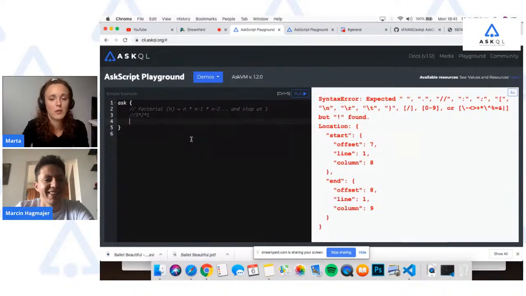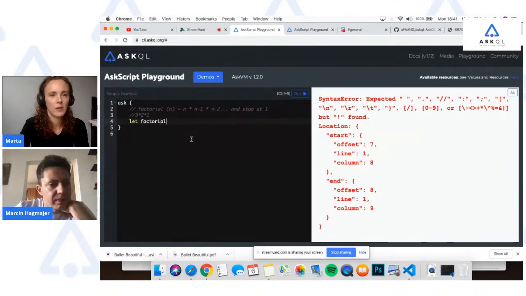Okay, so let's start from the beginning. We're letting it be factorial. Am I going in the right direction? Yes, definitely. You're going factorial from n.